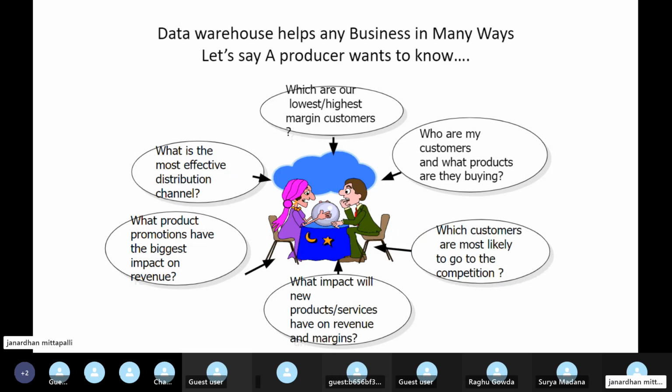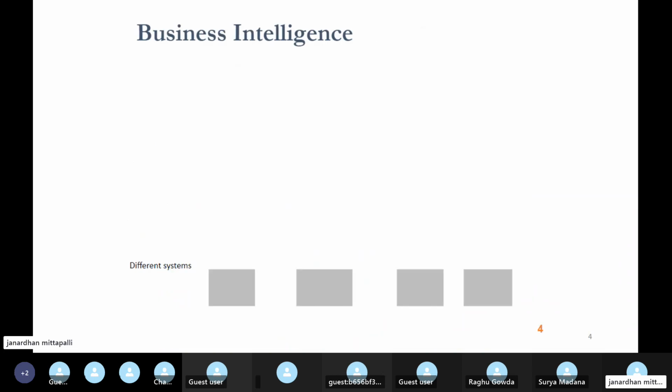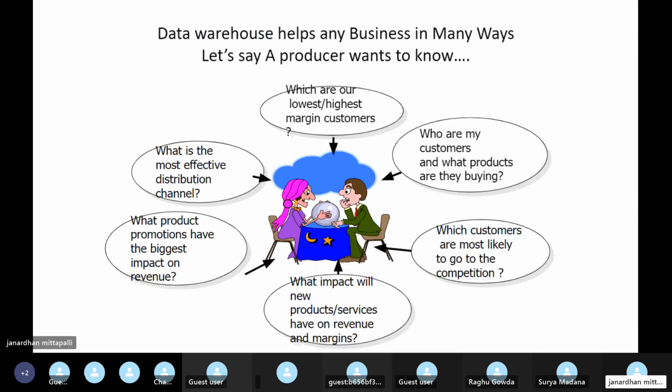And which customers are most likely to go to the competition. There will be competition for your business, so if you have such competition data, you can find your competitors also. This way BI will help if you have data in a data warehouse or databases.